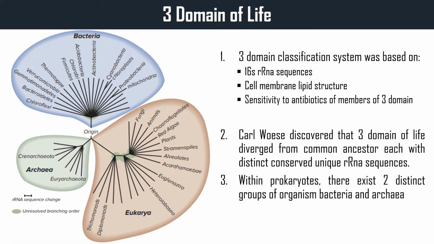The comparison of ribosomal RNA nucleic acid sequences was begun by Carl Woese in 1970. This was instrumental in demonstrating that there are two very different groups of organisms with prokaryotic cell architecture, as I said before, which are bacteria and archaea, and the other one is eukarya.